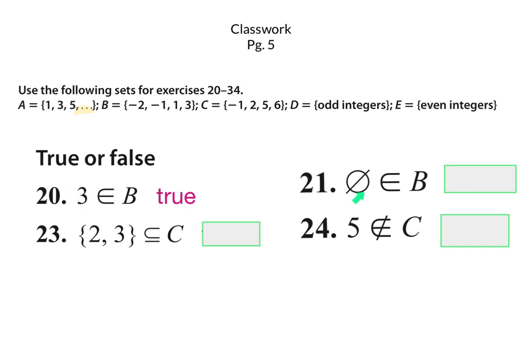Next one. This is an element of B. Remember what I said. Does this represent specifically a null set?